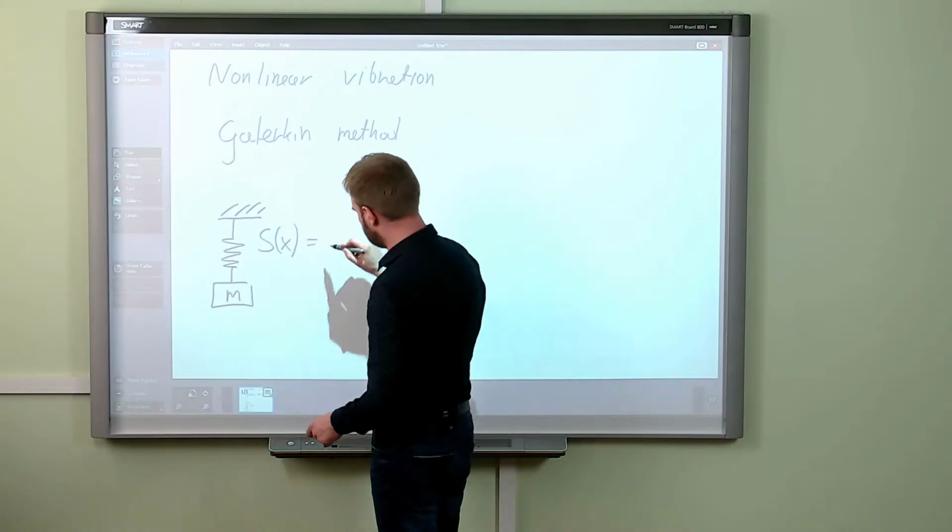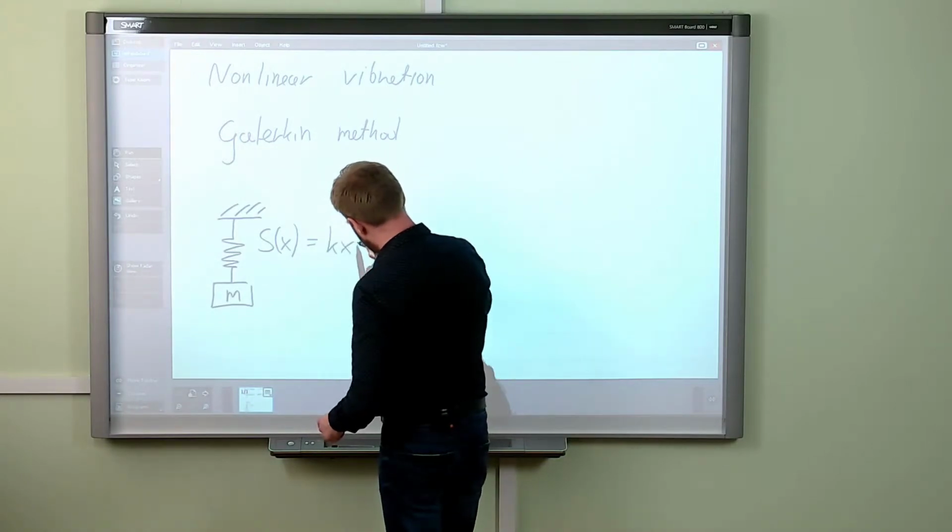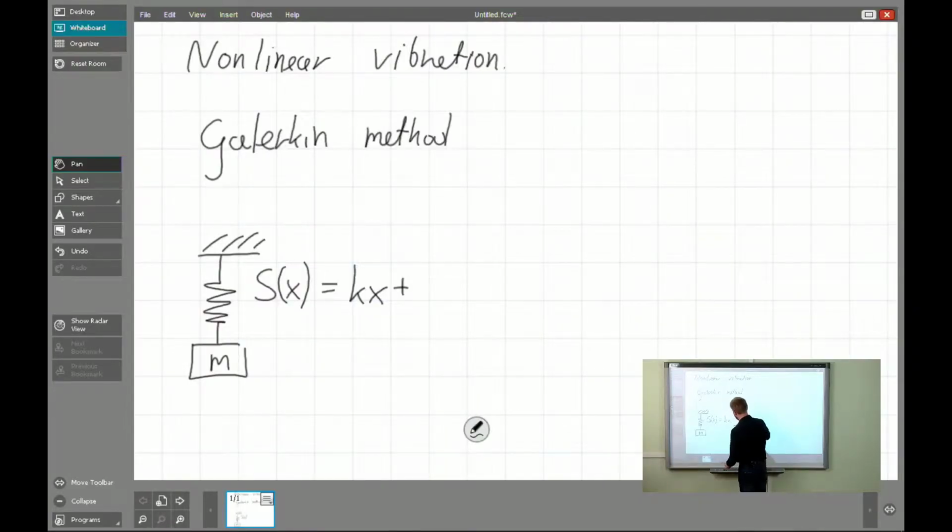For example, an example of a nonlinear case will be kx plus k epsilon x cubed. It will be an example of a nonlinear system, and then the characteristic of such a problem will be as follows.